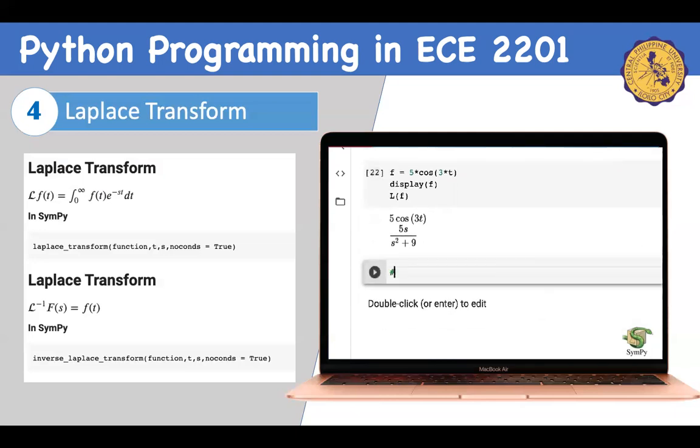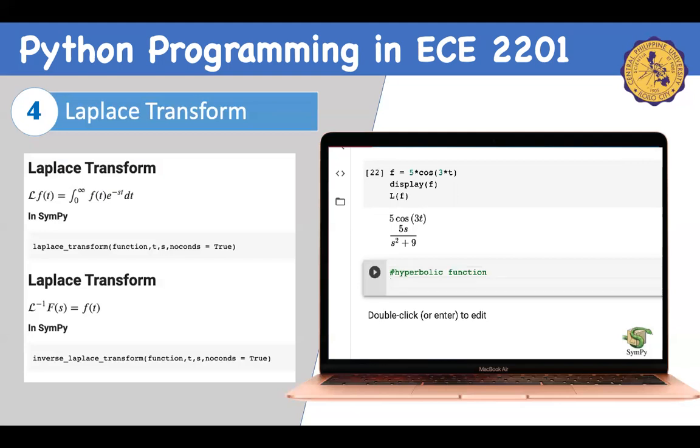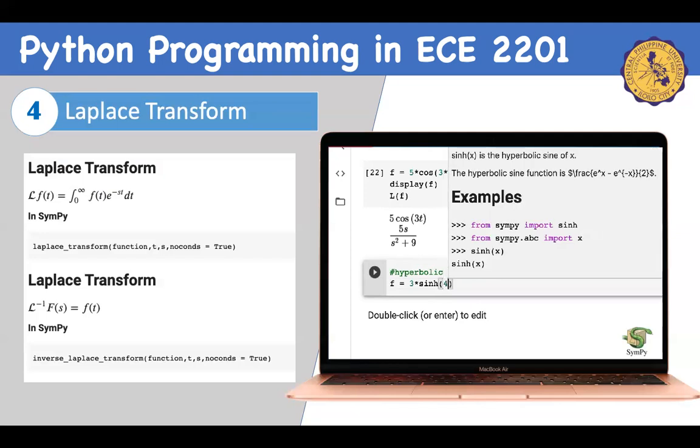Now we go to the hyperbolic function. Let's start with sine hyperbolic. So we have 3 sine hyperbolic of 4 times t.